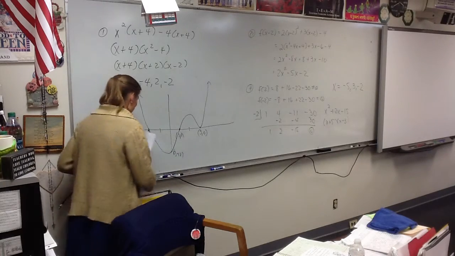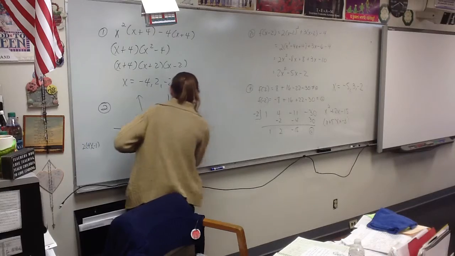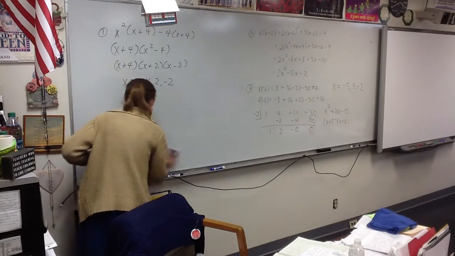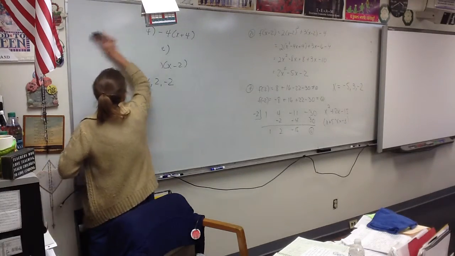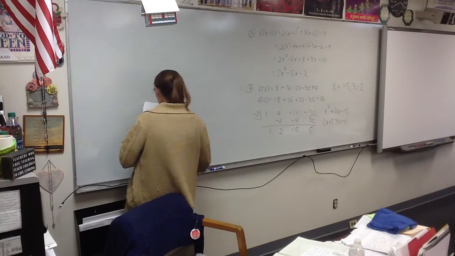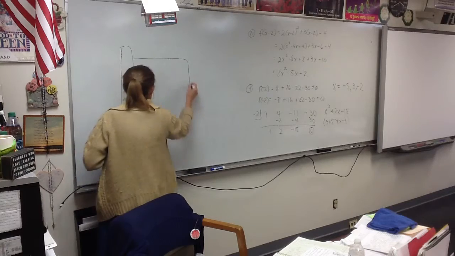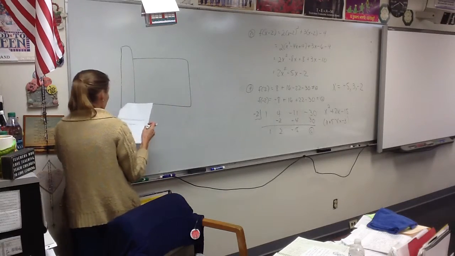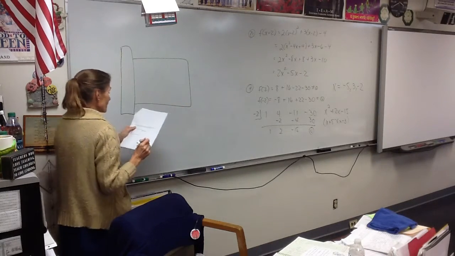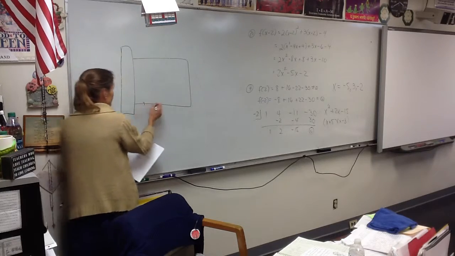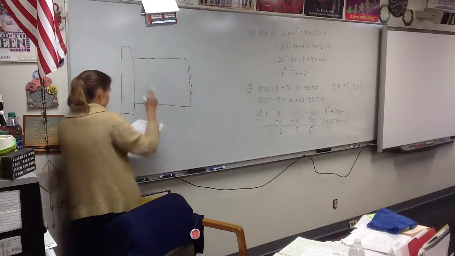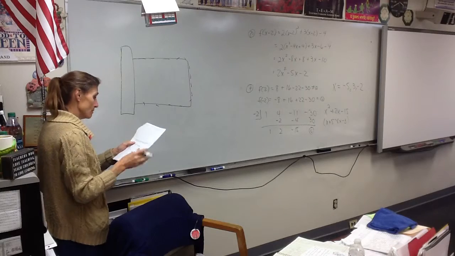All right, let's do this little barn problem. Here we go. Looks a lot like the problem on the last quiz. This time we have 120 meters of fencing, and one side's the barn.